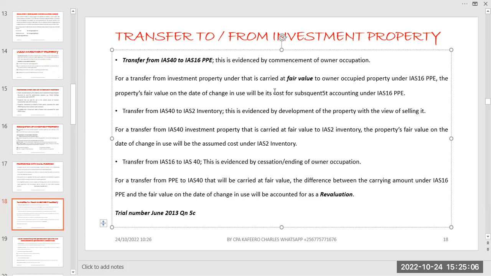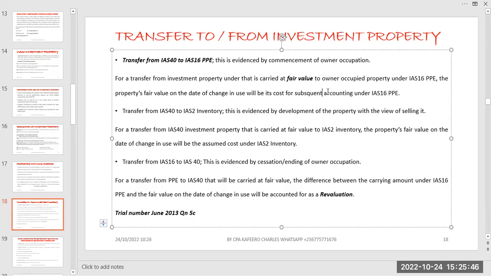This means that its fair value at the date of change will be its value initially. Meaning that for a transfer from investment property that is carried at fair value to owner-occupied property under IAS 16, the property's fair value on the date of change in use will be its cost for subsequent accounting under IAS 16.